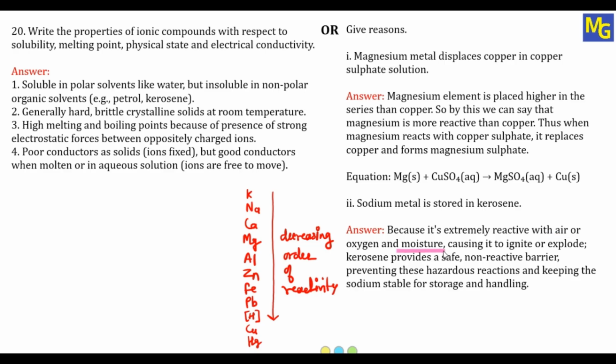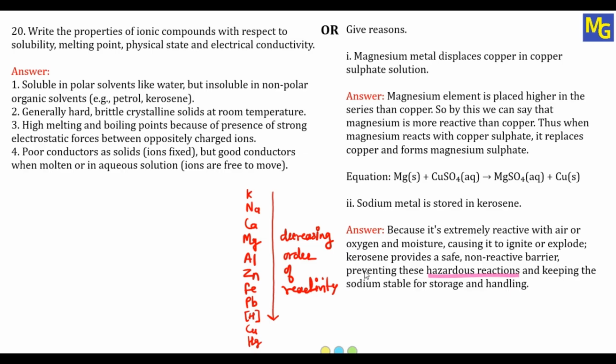If it combines, it can ignite or explode immediately, and because of this we store it in kerosene. Once we keep sodium in kerosene, it will not come in contact with air or moisture, and therefore kerosene provides a safe, non-reactive barrier, preventing these hazardous reactions.